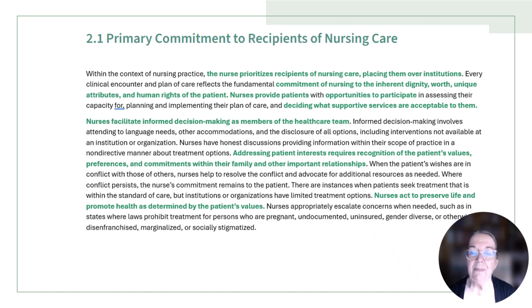And we provide the patients, in this case, especially in the home visiting program, with opportunities to participate in assessing their own capacity for planning and implementing their plan of care and deciding which supportive services are acceptable to them. Just because we have them available doesn't mean that's going to be right for that family. And so then the nurse facilitates informed decision making as members of the healthcare team and the family.